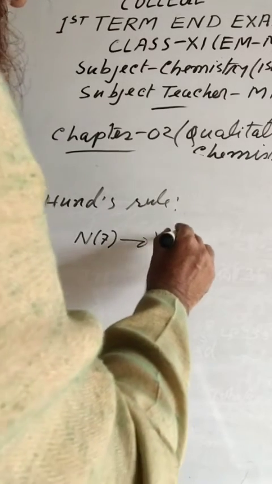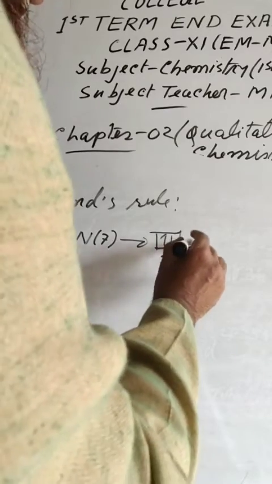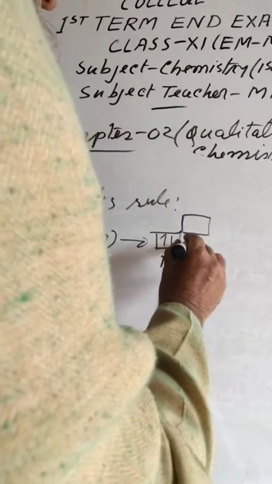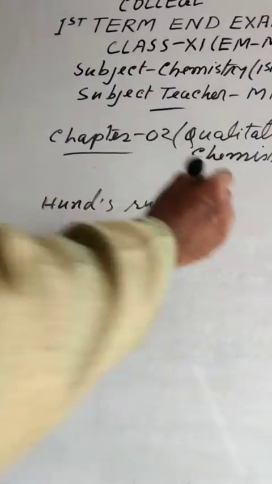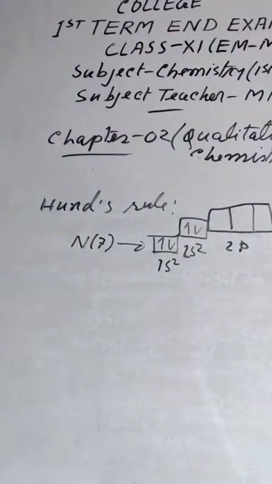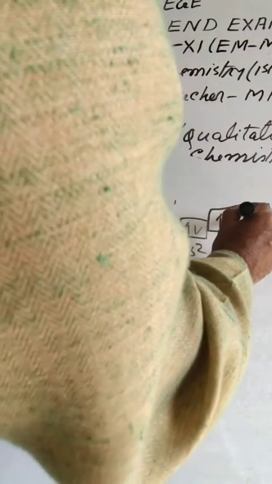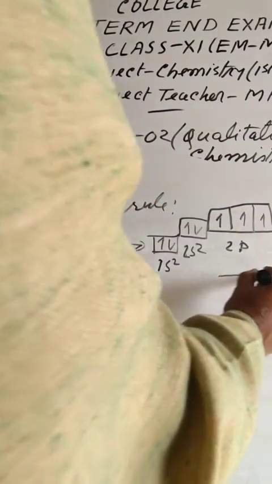In the box system, the first orbital has 2 electrons, the second orbital has 2 electrons with opposite spin, and then the 2p. Here Hund said that in each of the orbitals, electrons will occupy singly.